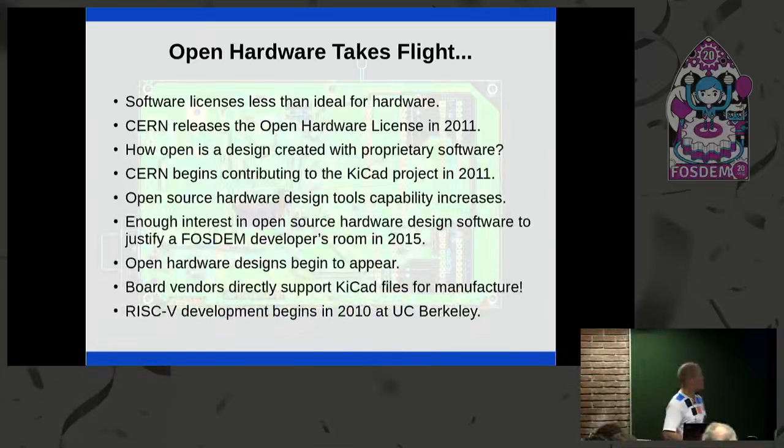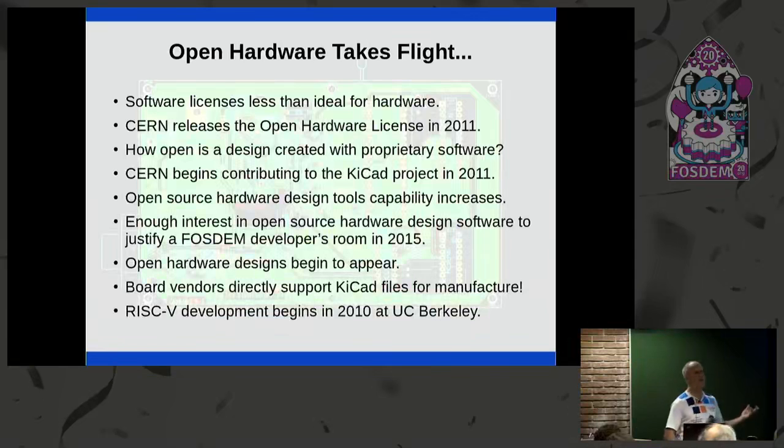So what happened here was CERN released their open hardware license in 2011, and they also joined the KiCad project, because one of their mandates is that their intellectual property be public, and they realized that if they were going to use a proprietary piece of software, well, how open was it? Technically their hardware designs were open, practically less so.